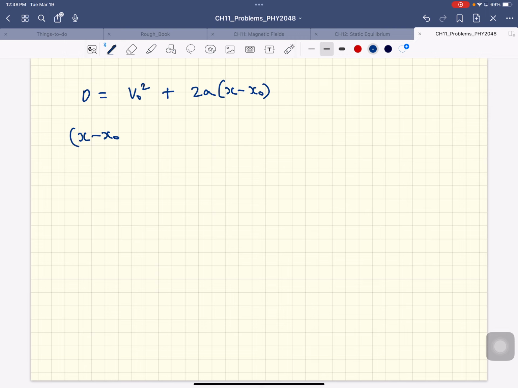X minus x naught will be minus 10 squared over 2 times minus 2.25. The acceleration is negative, okay, and this will come out in meters.